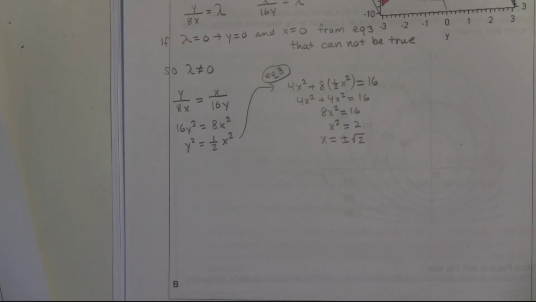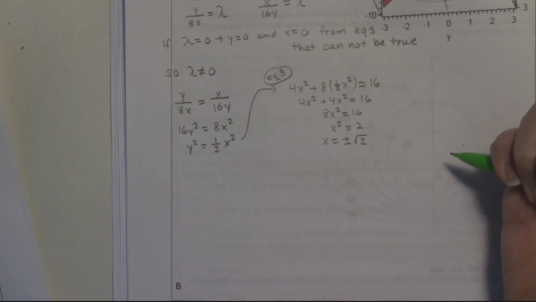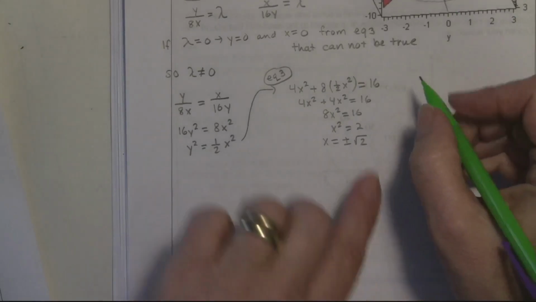And then I'm going to plug that back into equation 3 to find a y that works. And I really don't care about the value of lambda. I could go and find lambda, though, if you wanted. But what I really want to know is x and y. But I have to have an equation that works with x, y, and all of the lambdas. And so I'm going to find the x and the y. And if I find lambda, great. And if I don't find lambda, that's okay too. But you do need to find x and y.